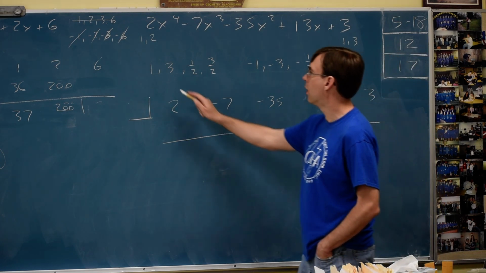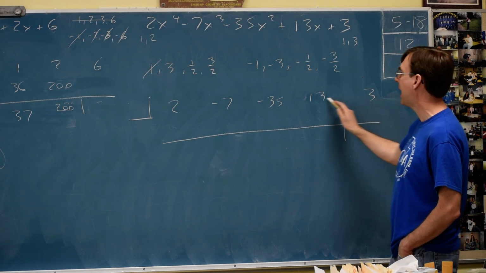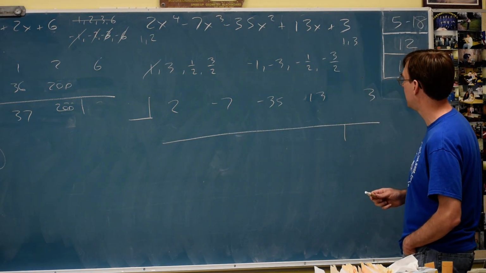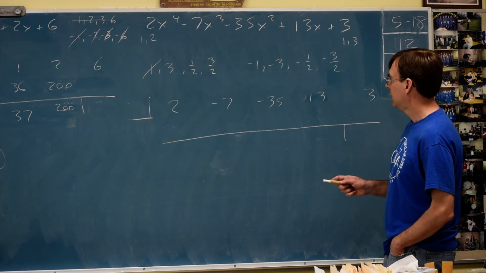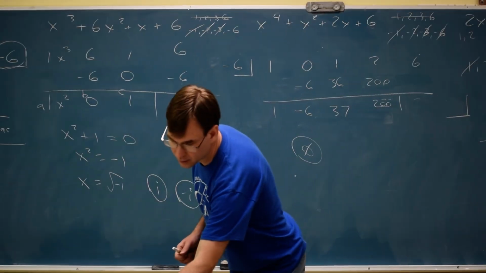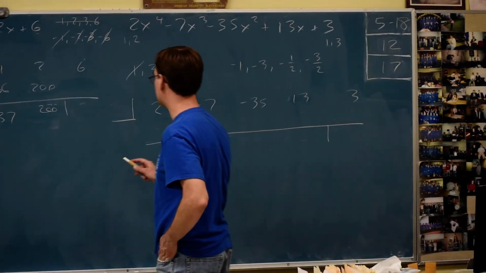No, 1's not going to work because I gave you a trick for 1. If you add these numbers up and it makes 0, that gives 1 an opportunity. 1 does not have an opportunity here. I'm feeling maybe a negative 3. Taking a peek at my notes paper, negative 3 is going to be a win.